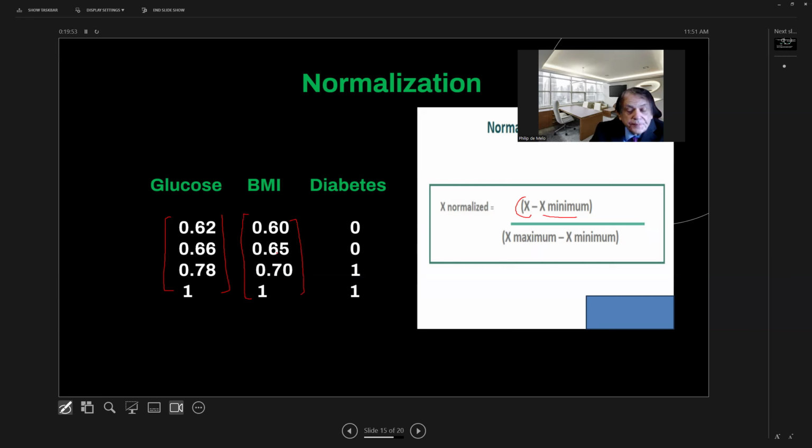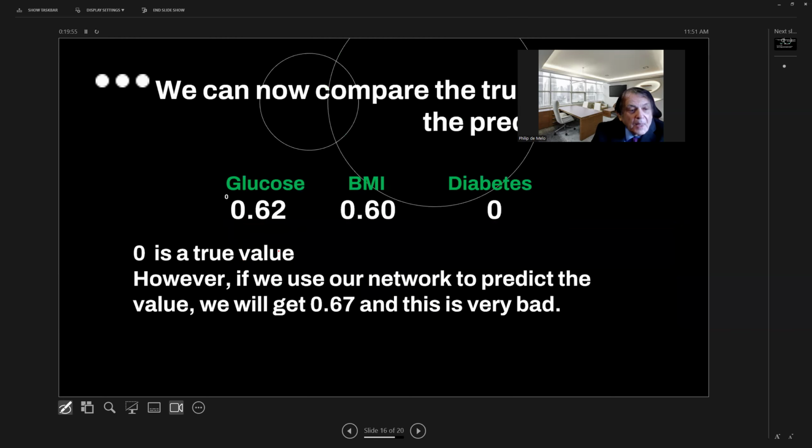So before going any further, I would like to tell you what it means, true value. Okay, so true value is this one.